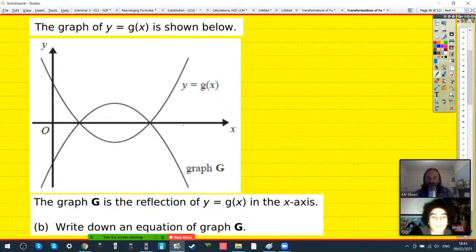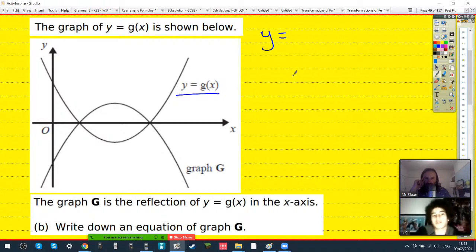All right, maybe this is why. How about this one? Equation, yeah. Is y equals minus x. Well, so this is y equals g of x.